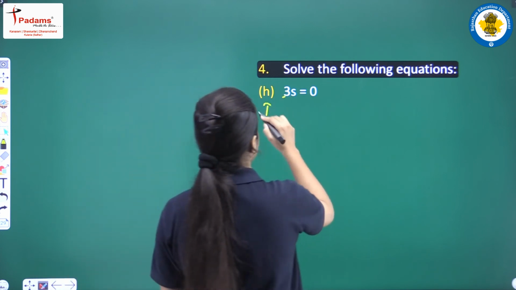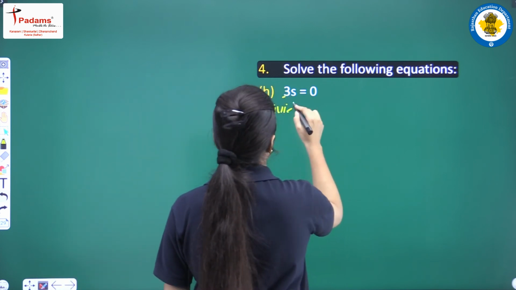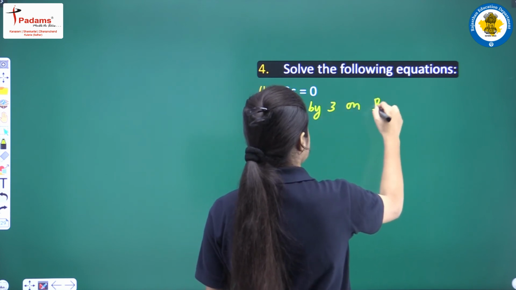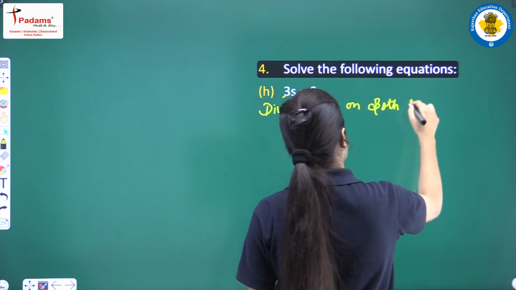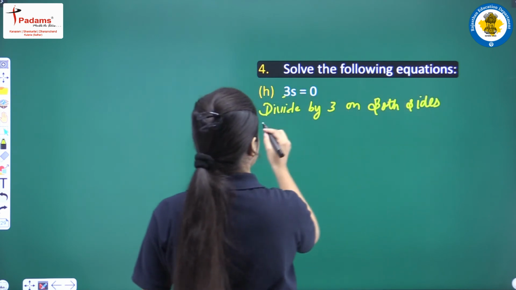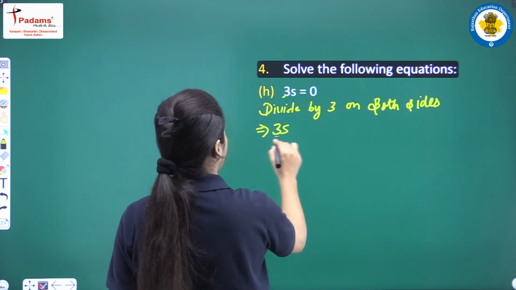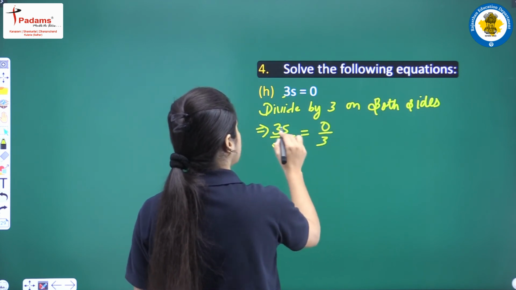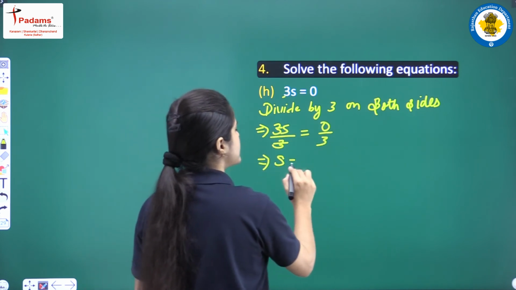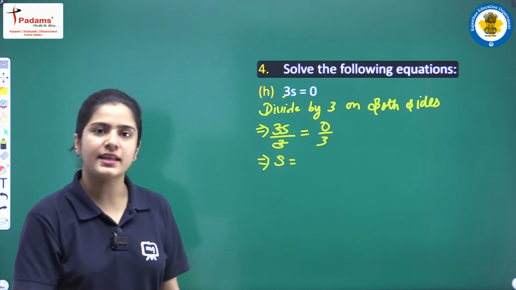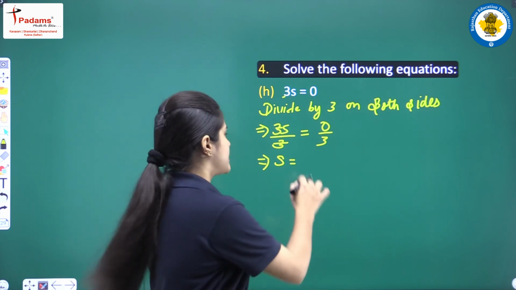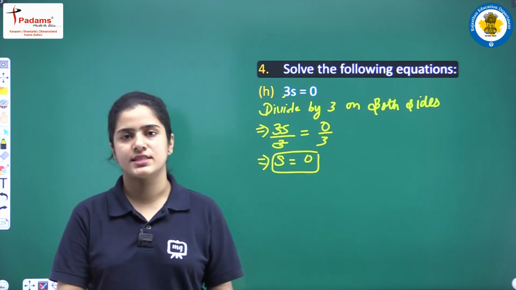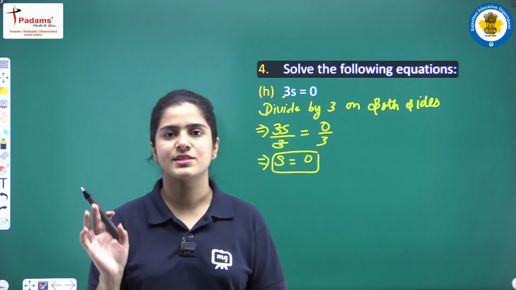So dividing by 3 on both sides. 3s divided by 3 is equal to 0 by 3. 3 and 3 will be cancelled out, students. This is s. 0 divided by anything is 0. So 0 divided by 3 is equal to 0, students.